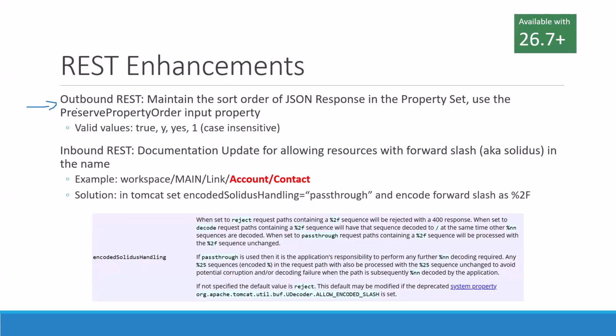That means the JSON response that the outbound request gets back from the endpoint will be transformed into a Siebel property set, and it will preserve the order of the fields or whatever properties are inside that JSON object. So the JSON object order will be preserved. I hope I'm saying that correctly.